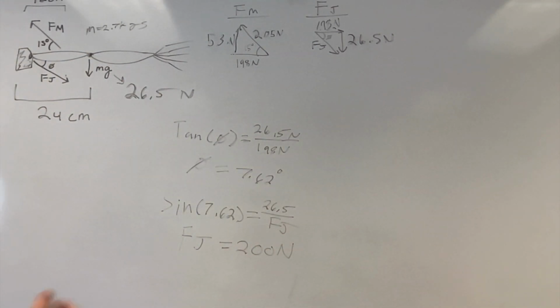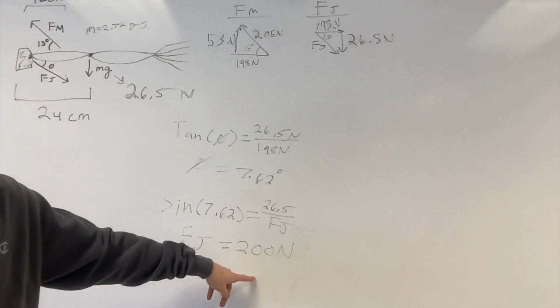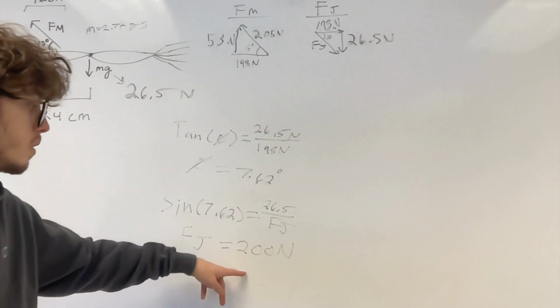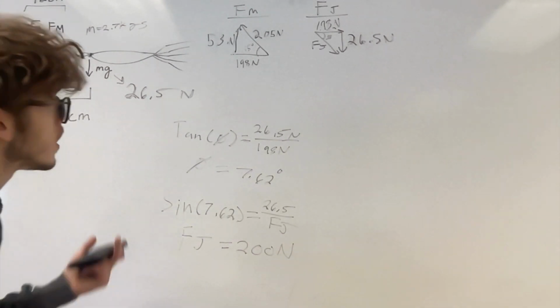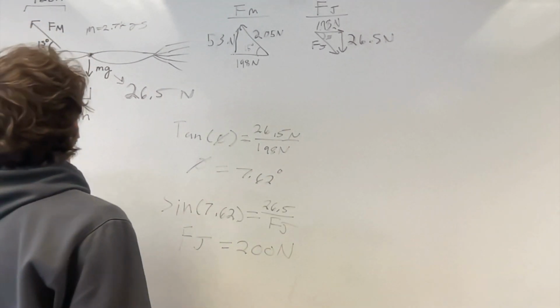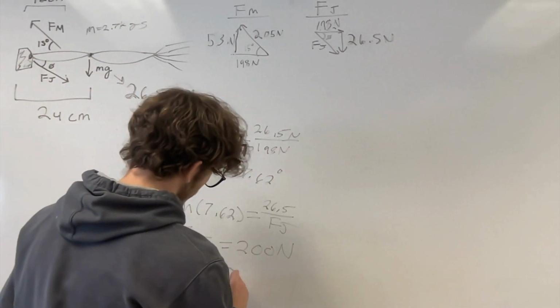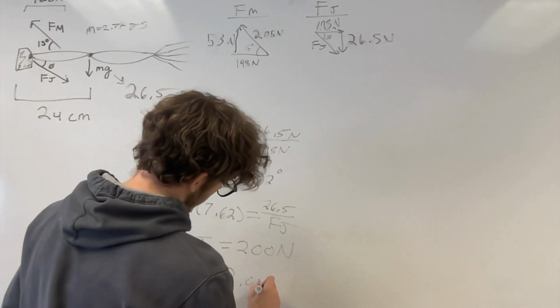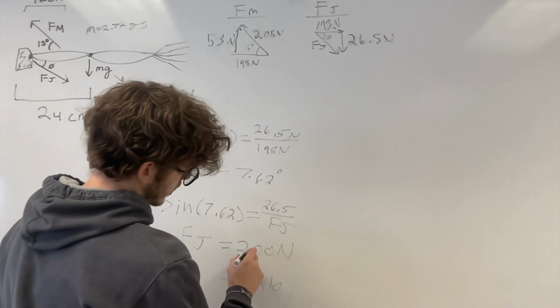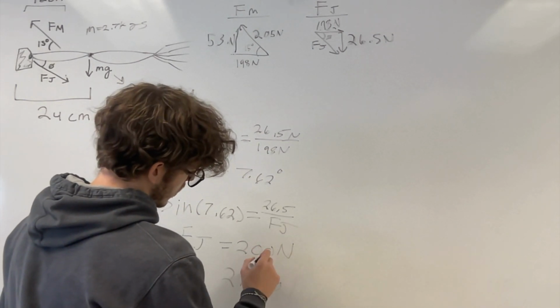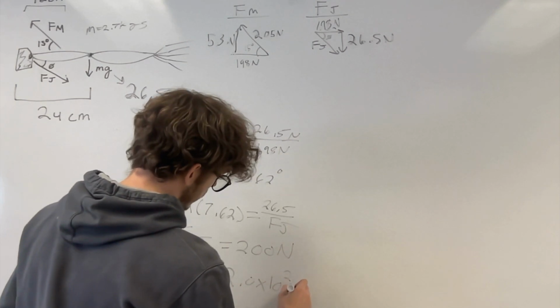If you're asked for a specific amount of sig figs, you're given 2, so you should have 2 in your final answer. This is ambiguous, as it could be 2 or 3 or 1 sig fig. So if you want to denote to your professor that it is only 2 sig figs that you're showing, you'd say 2.0 times 10 to the second newtons.